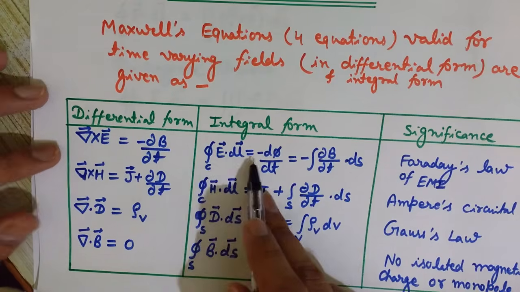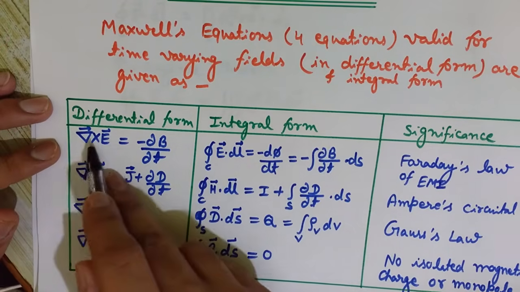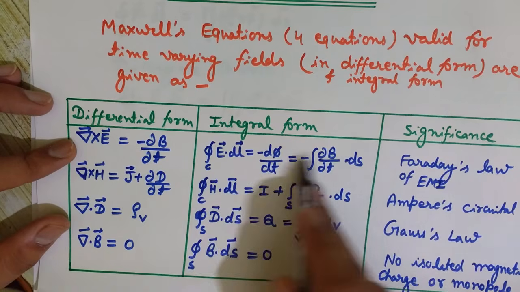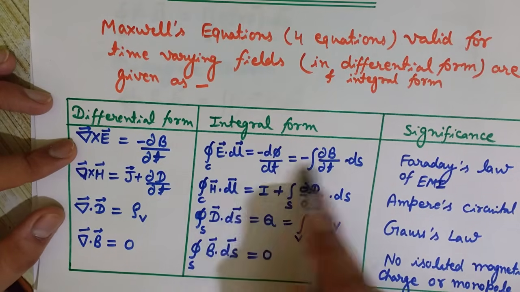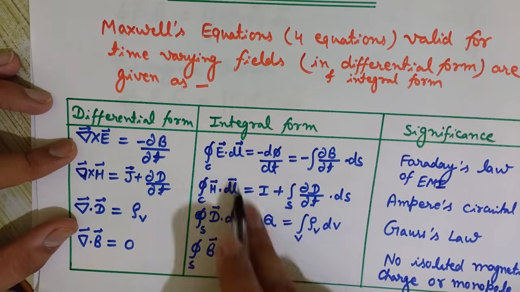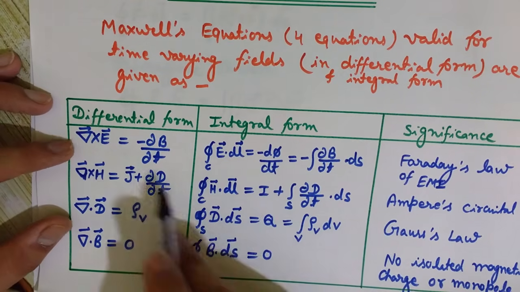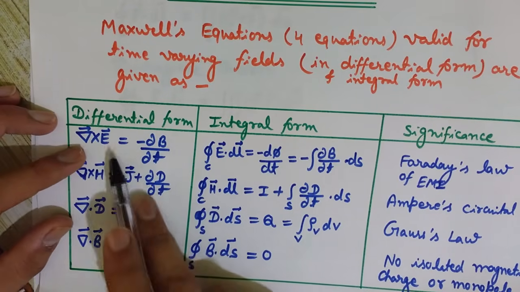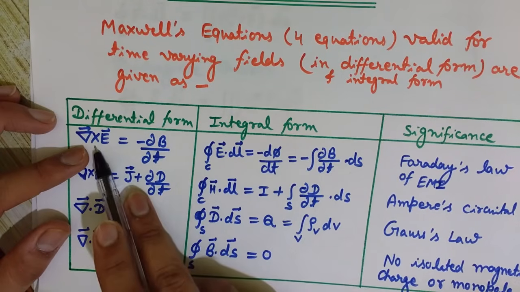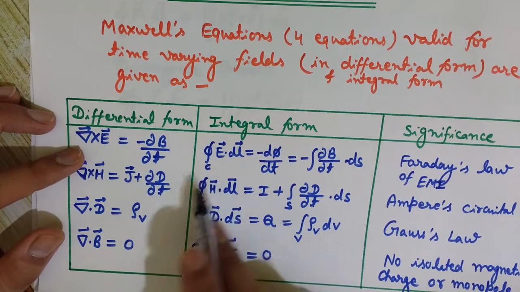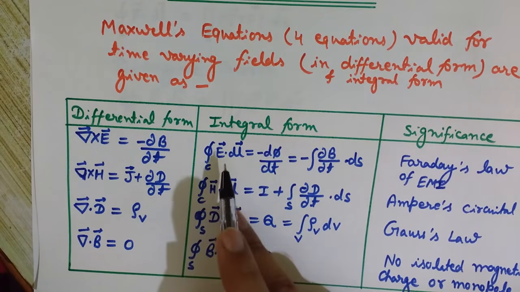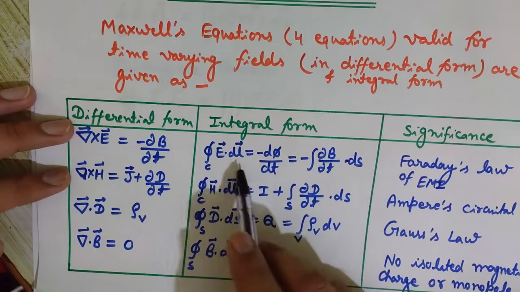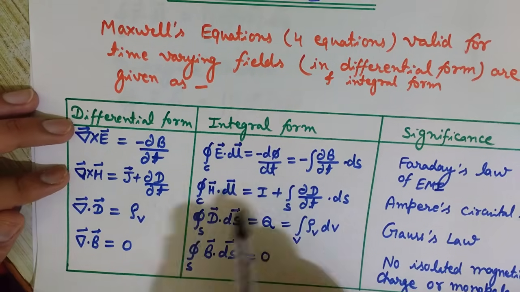If you see the derivation of each of these, you will find we have used these integral forms also while deriving these equations. We can derive these integral forms directly by integrating them on both sides, using Stokes theorem and the Gauss divergence theorem, and you can see the derivation of how we got these integral forms.